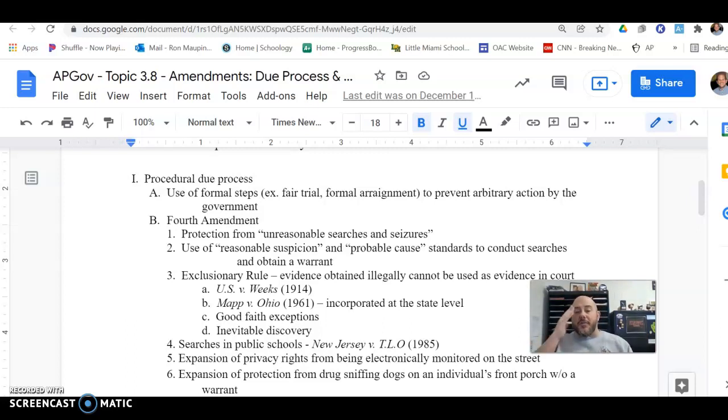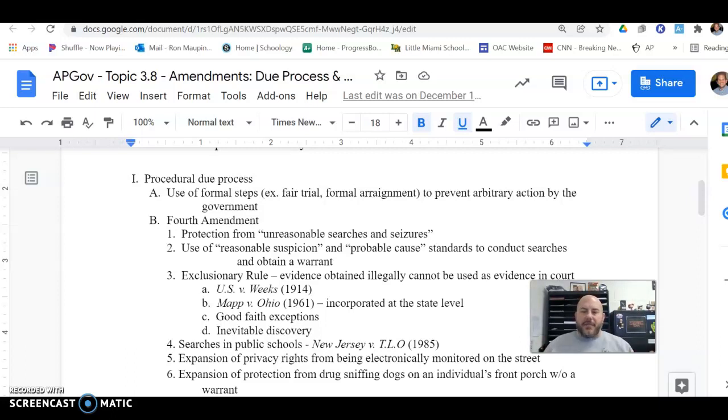Now, remember, we talked previously about how the Fourth Amendment protects us from unreasonable searches and seizures. And the language in the constitutional amendment stipulates that you would need reasonable suspicion or probable cause to be able to obtain a legal warrant.